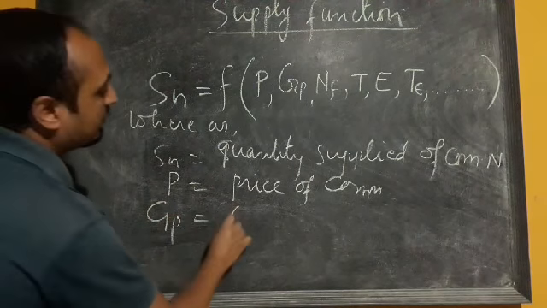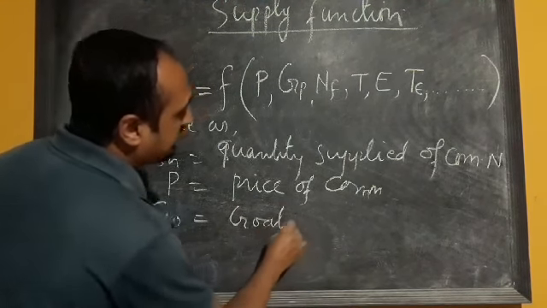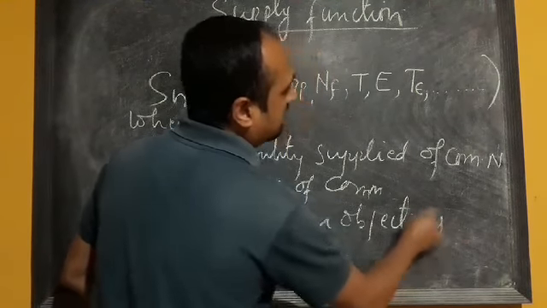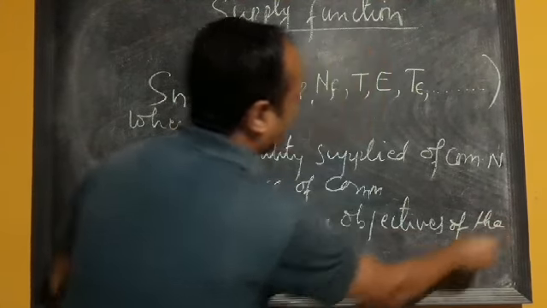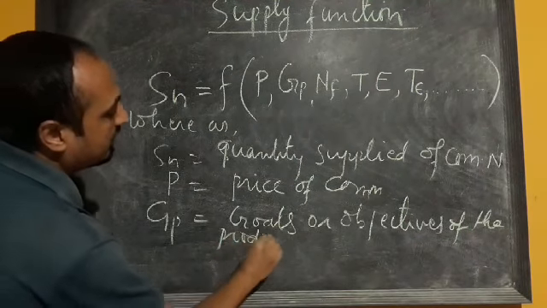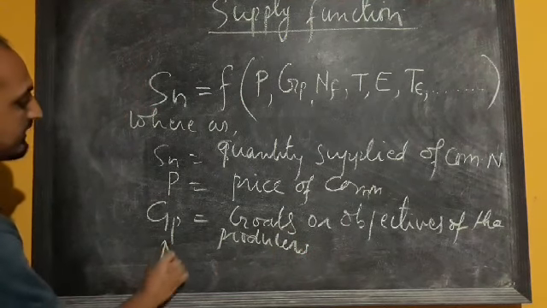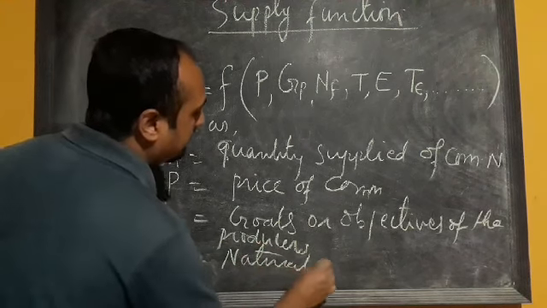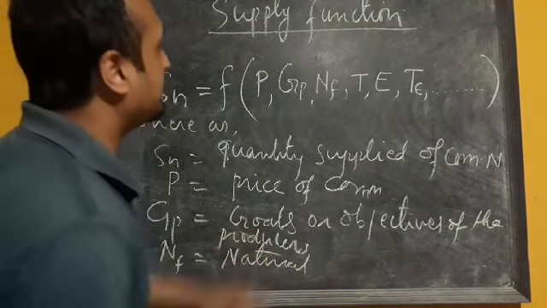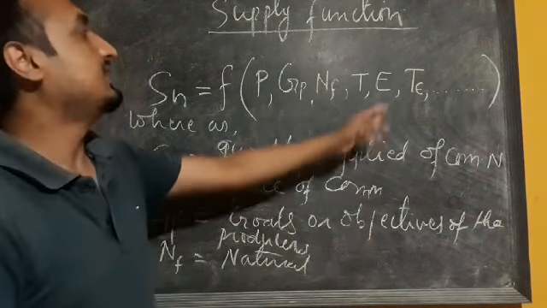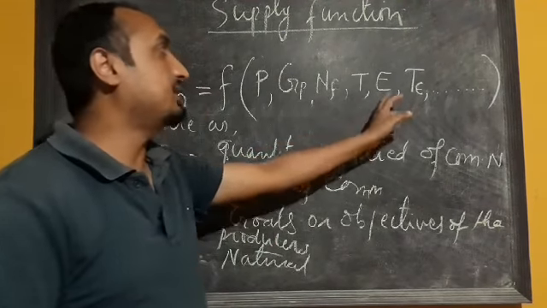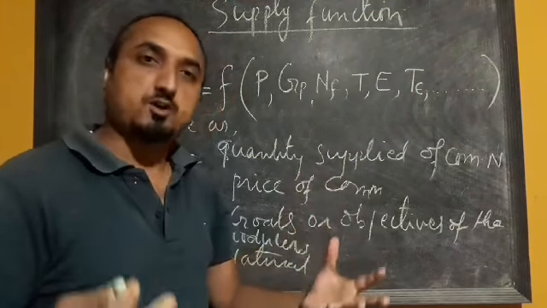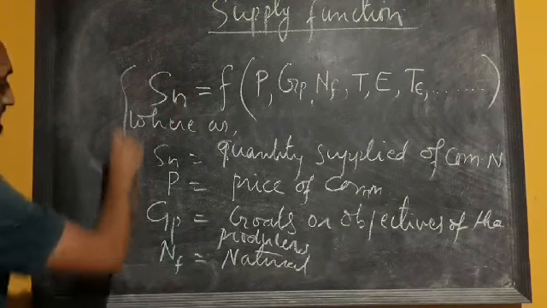GP represents goals or objectives of the producers. NF means natural factors, so natural factors also affect the quantity supplied of a commodity. Similarly, T represents taxation policy, E is the expectations regarding future prices, and TE represents technology used in the production process.